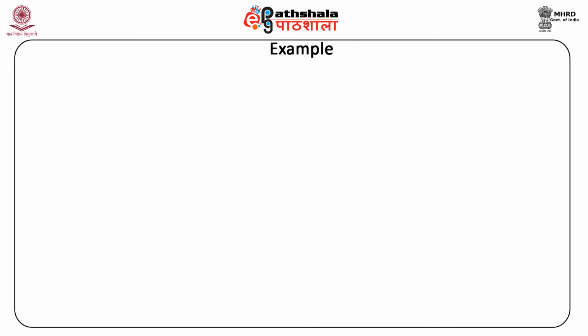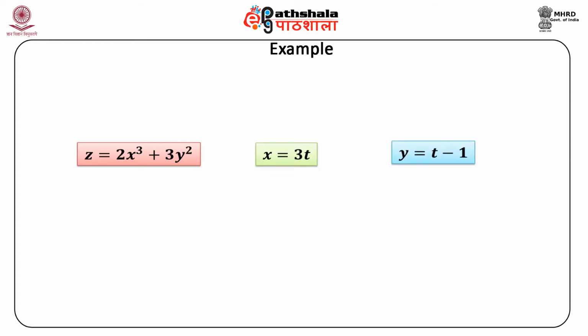Let us take an example to understand the concept better. Consider the function z is equal to 2x cube plus 3y square. x is equal to 3t and y is equal to t minus 1. We need to find dz/dt.